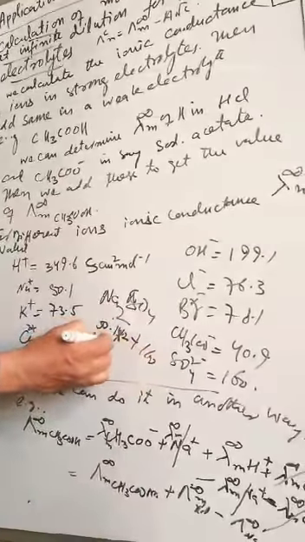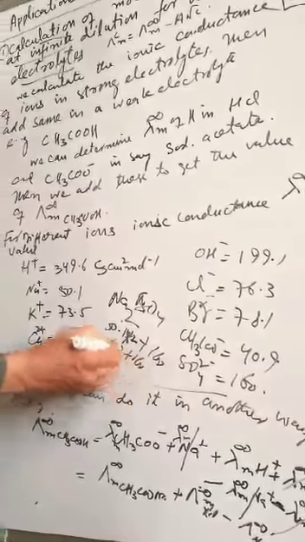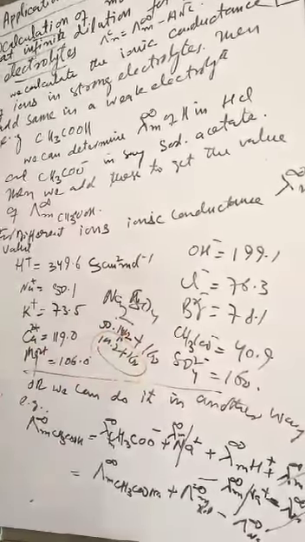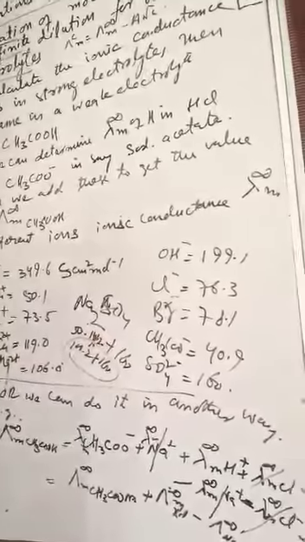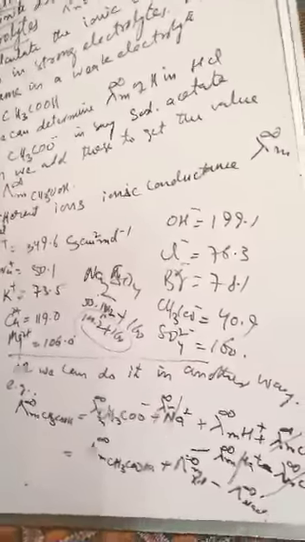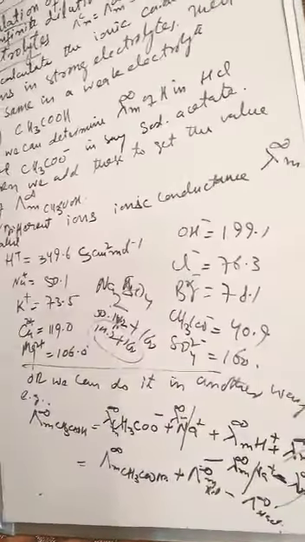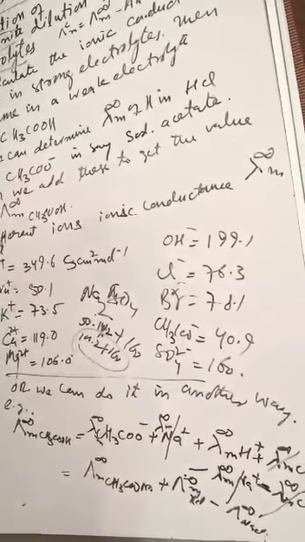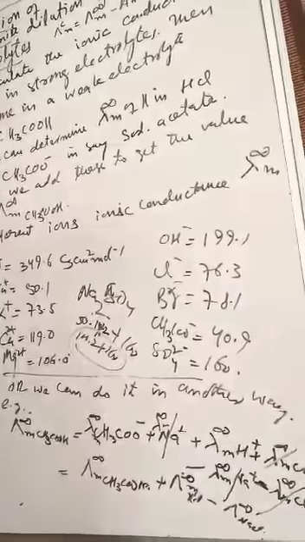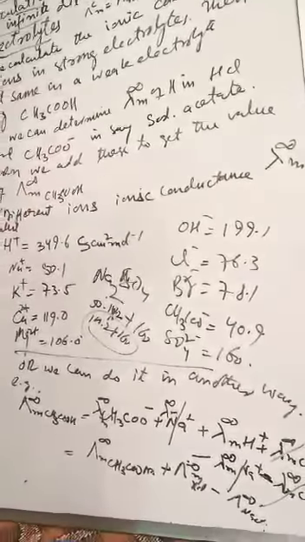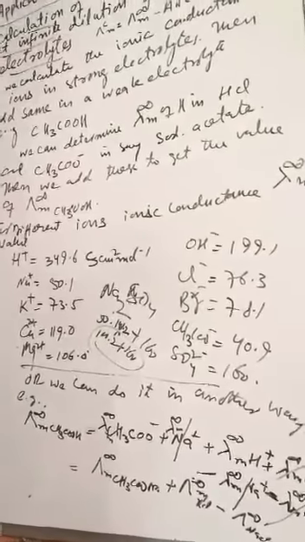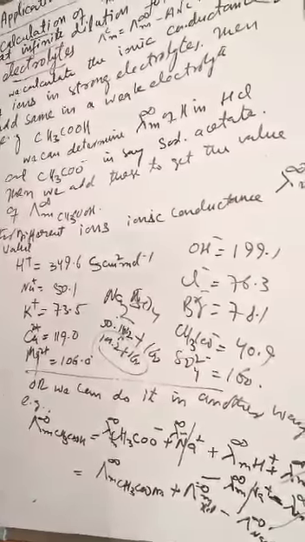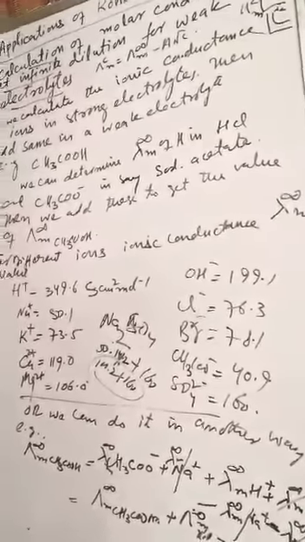So this becomes 100.2 plus 160. When we add, we get the value for sodium sulfate. So by determining the molar conductance at infinite dilution of different ions from strong electrolytes, we add these to get the molar conductance at infinite dilution of any electrolyte, whether strong or weak.